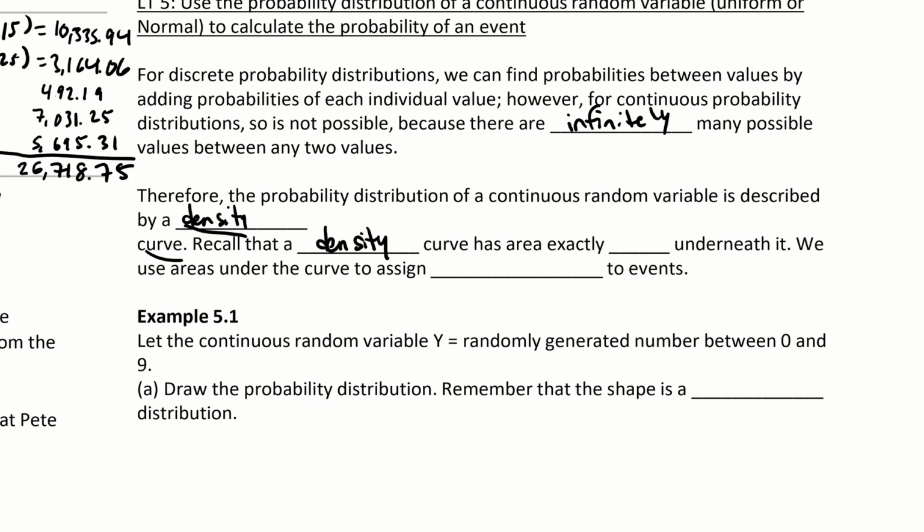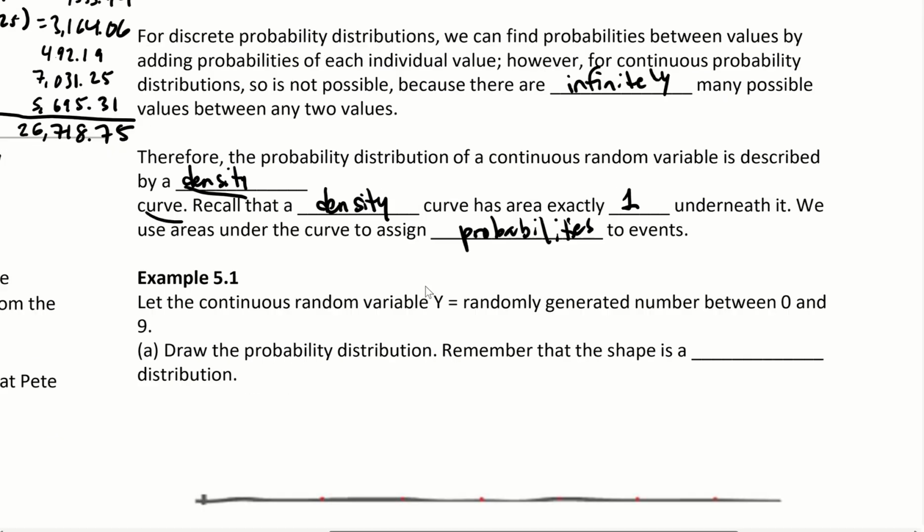Remember that a density curve has an area of 1 underneath it, which makes sense because if we think of probability as adding up to 1, then we would need a density curve to explain something that has to do with probability, right? We use areas under the curve to assign probabilities, knowing that the probabilities all have to add up to 1 because the area under a density curve adds up to 1.